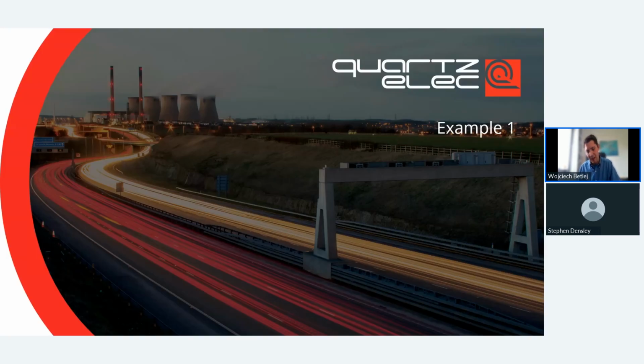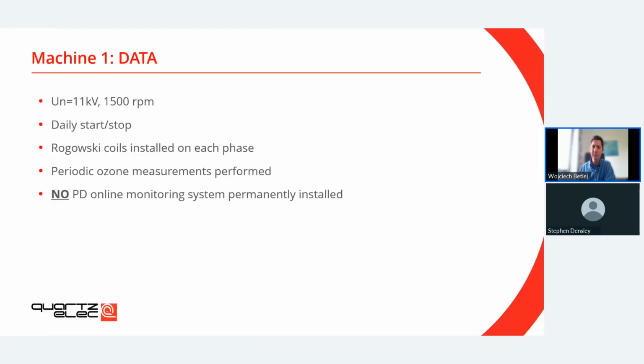Now, okay, our case study. That was just a little introduction about partial discharge and the slot PD that we tend to see in generators. So we have an 11 kV, 1500 RPM, so a small 4-pole machine. It's got daily starts and stops.